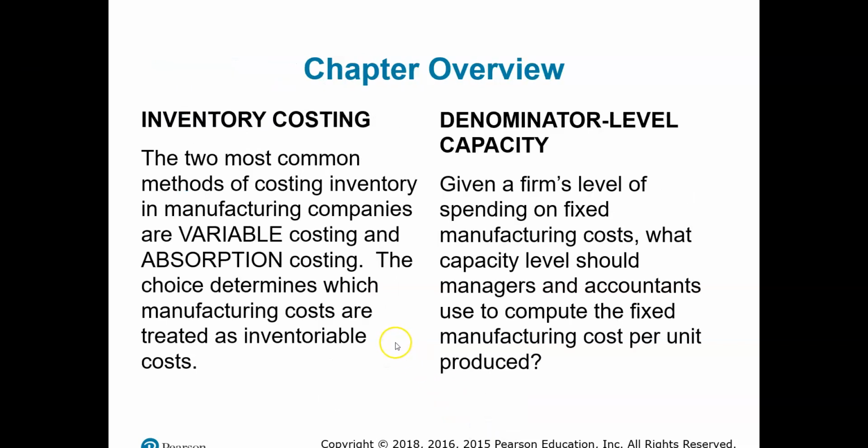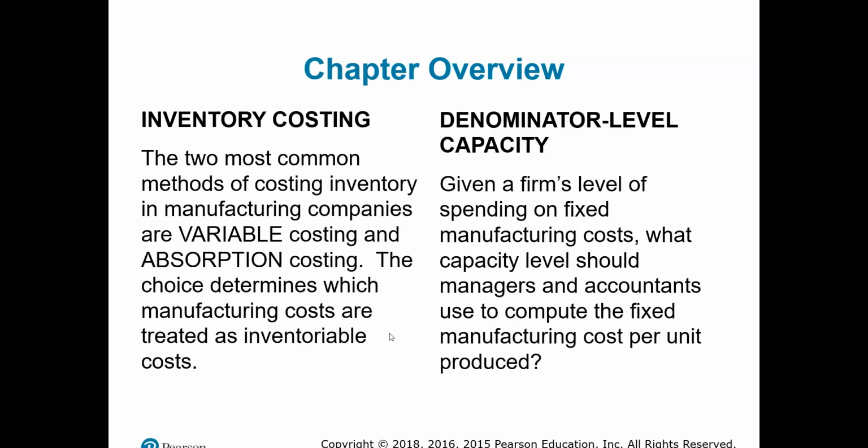And let's talk about inventory costing. We're looking at two different common methods of inventory costing in manufacturing companies. These are variable costing and absorption costing. The choice, whether we choose variable costing or absorption costing, is going to determine the manufacturing costs that are treated as inventoriable, or what you may have been calling product costs.